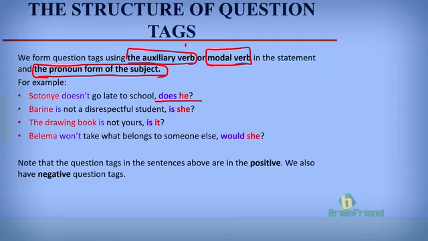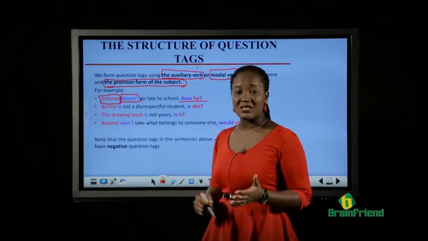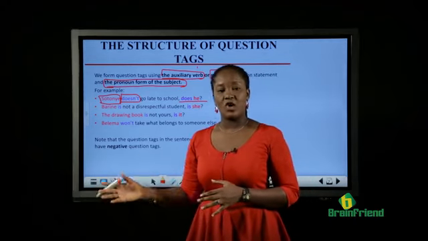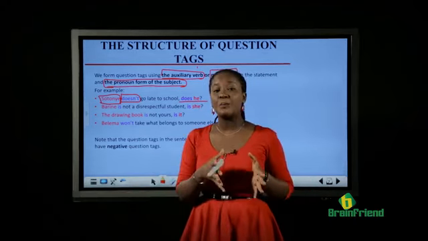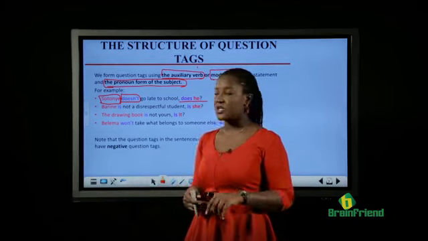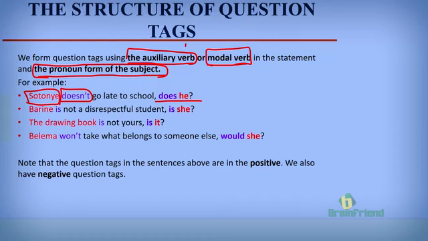In the statement, we find the auxiliary verb doesn't, and we find the subject, Sotoye. We said earlier that the question tag is formed with the auxiliary verb and the pronoun form of the subject. So here we have the auxiliary verb does, and the pronoun form of the subject, which is Sotoye, is he. So this is the question tag.